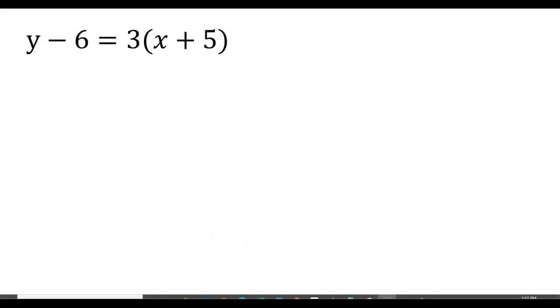And this last example is in point-slope form, which is y minus y1 is equal to m times the quantity x minus x1. So in this type of equation, we don't have to do any work. We just have to locate the slope.